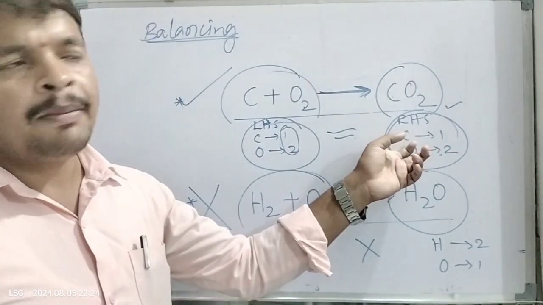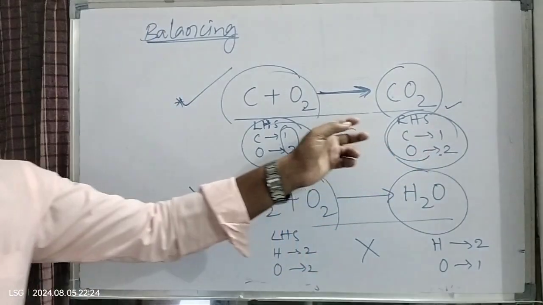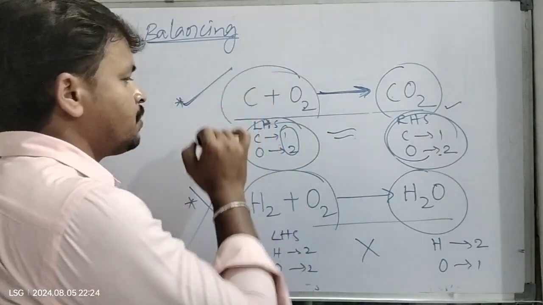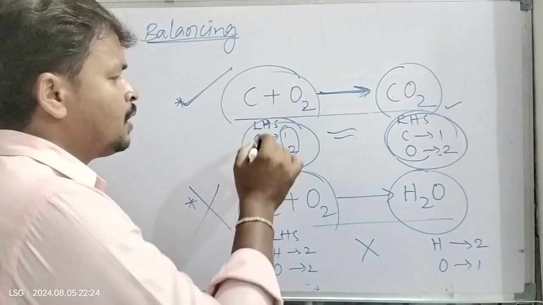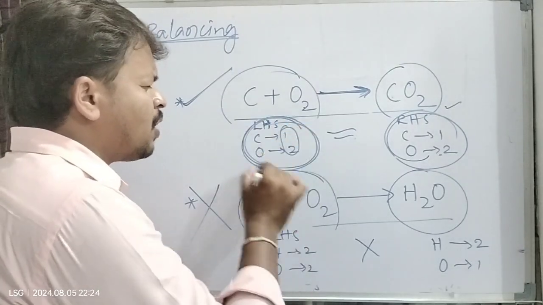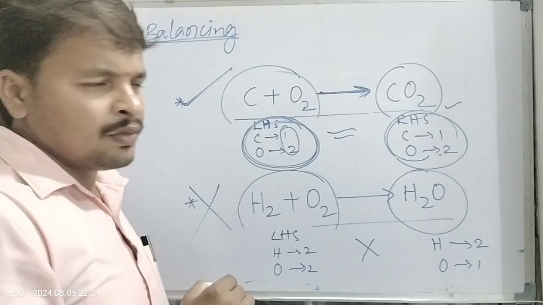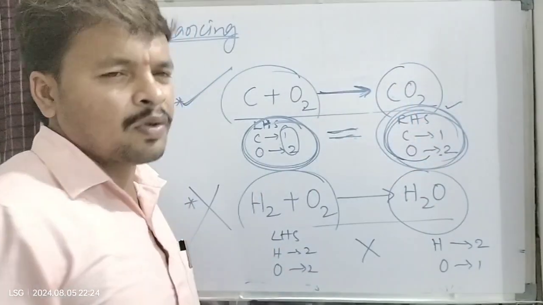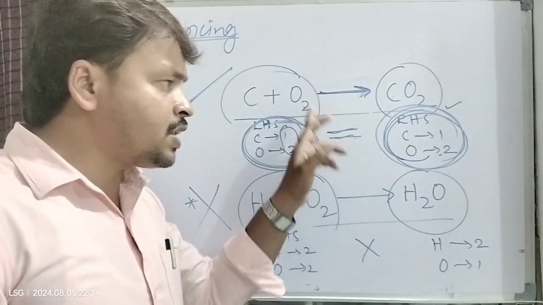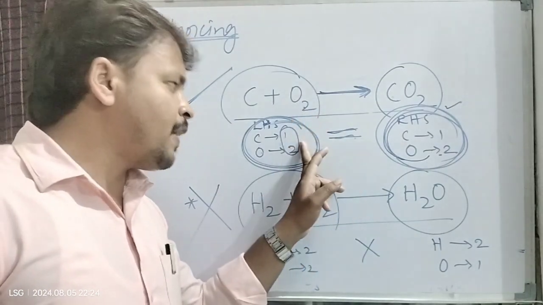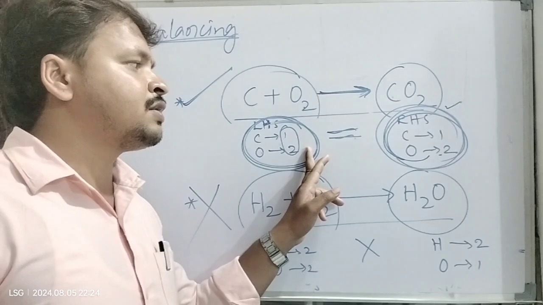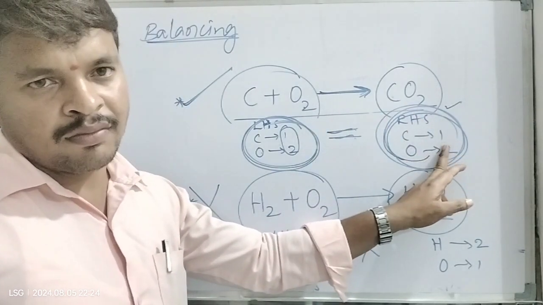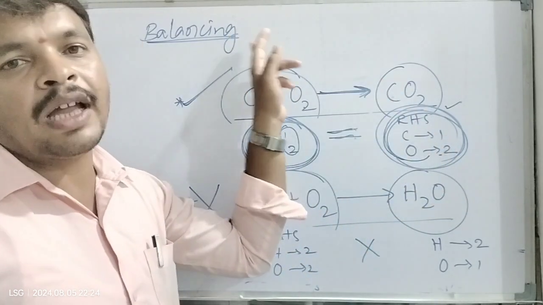Once again, to revise: the number of atoms in the reactants equal to the number of atoms in the products is called a balanced equation.